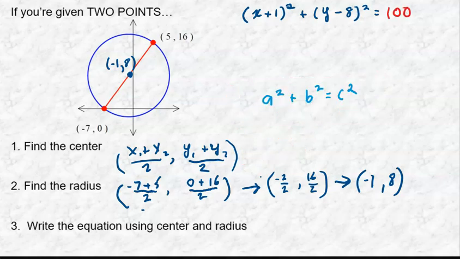Or I could use the Pythagorean Theorem. Okay, one thing I want to show you before I get started here. Kind of what's going on is I can create right triangles. So I'm going to create one here. Kind of like that. Okay?